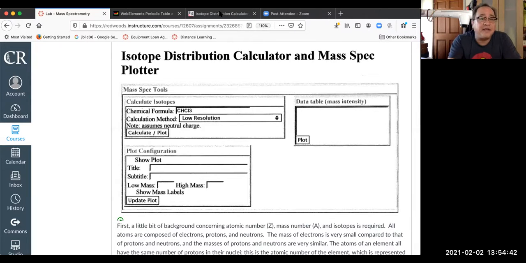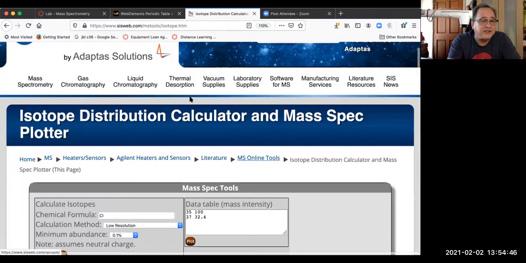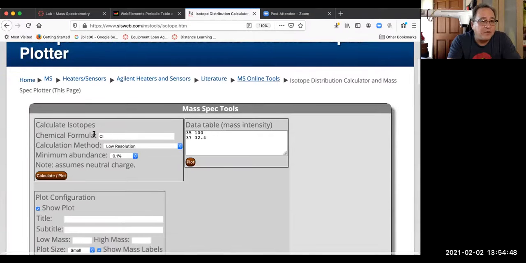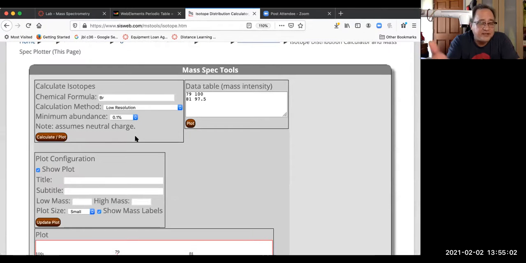And I've already linked to it right here. This is the mass spectrum simulator. And we're asked to type in bromine. So do you see the chemical formula here? I'm going to type in uppercase B, lowercase r, and hit enter. And here is the mass spectrum simulator data for bromine.